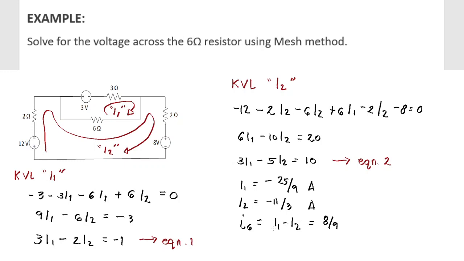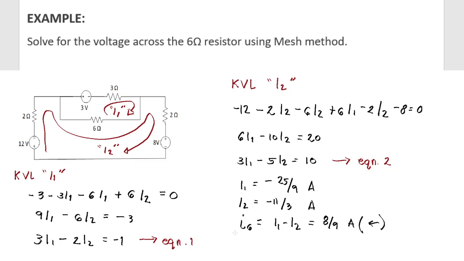Therefore, we are following the direction of I1 as the direction for the current on the 6 ohm resistor. And since we resulted in a positive, it is right that we assumed the direction of I6 as the same as I1, which, from the figure, we assume is to the left. Therefore, our I6 would be 8 over 9 amperes, which is to the left.